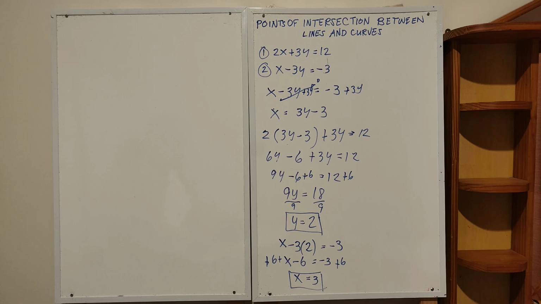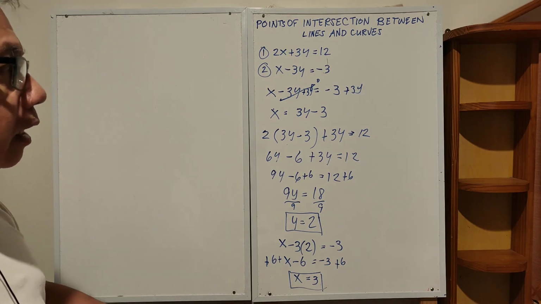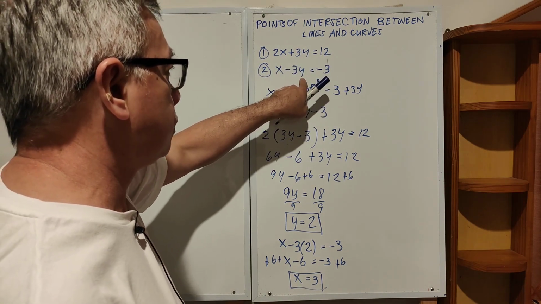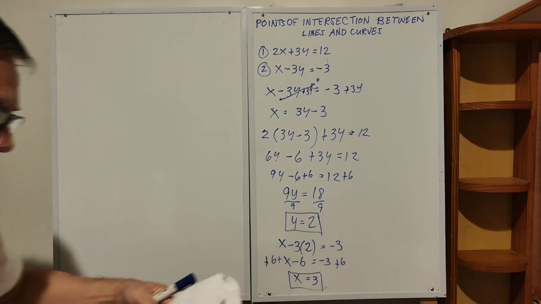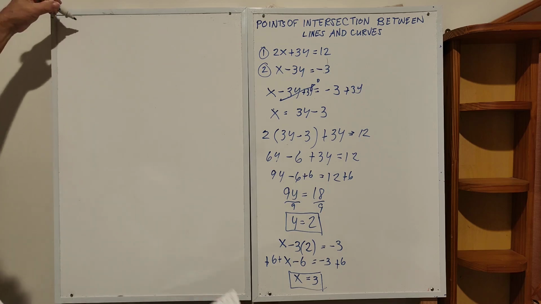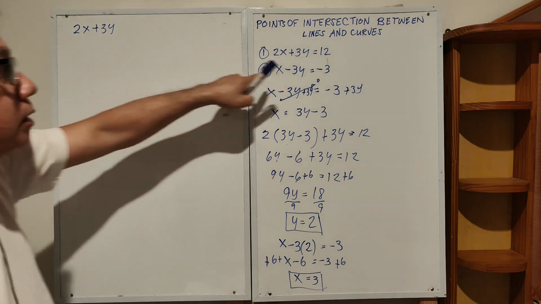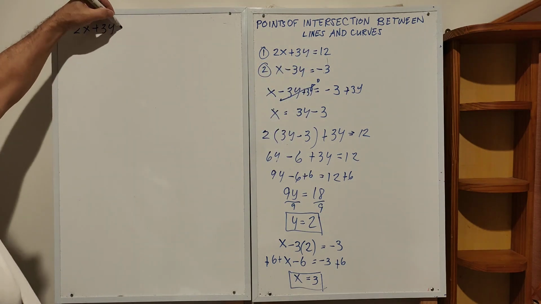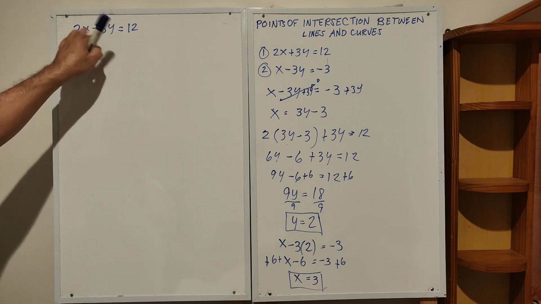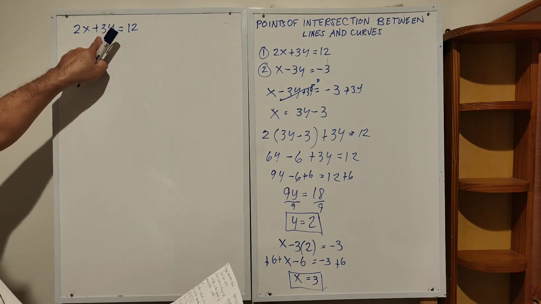Now there's another method of solving two equations in two unknowns, and that is to solve for y in equation 1 and solve for y in equation 2. I'll show you first. We have 2x plus 3y, which is this one, is equal to 12. So let's solve for y. It means to eliminate what is with y, so eliminate 2x and 3.